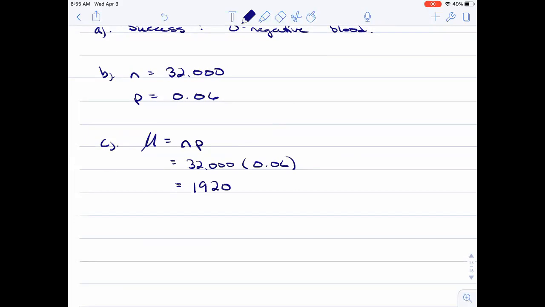That's how many donors we expect to have O negative blood. We know that because this is a sample, we could get more, we could get less, but that's around how many we're expecting to see.